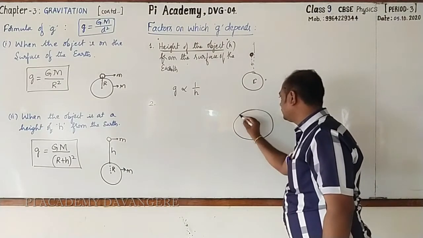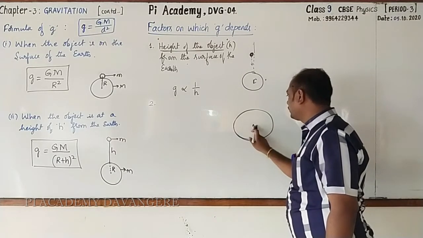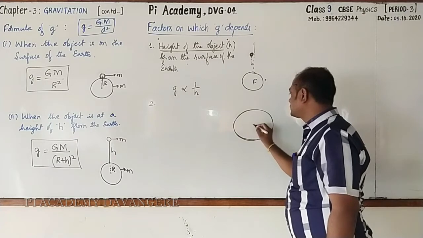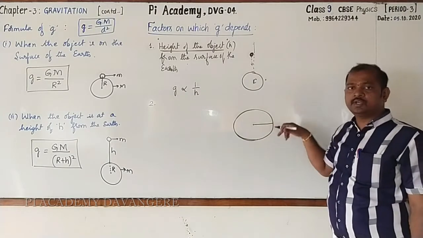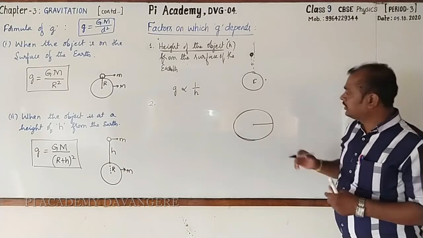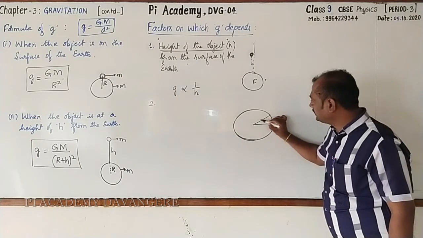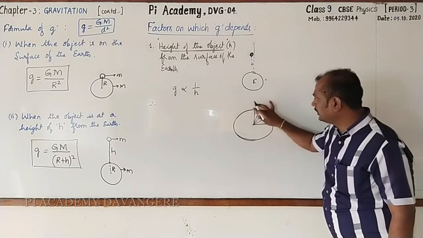It is not exactly a sphere. Then look here. What do you call the distance from the center of the earth to its surface? That is called radius. Will it have the same radius at all positions? No.